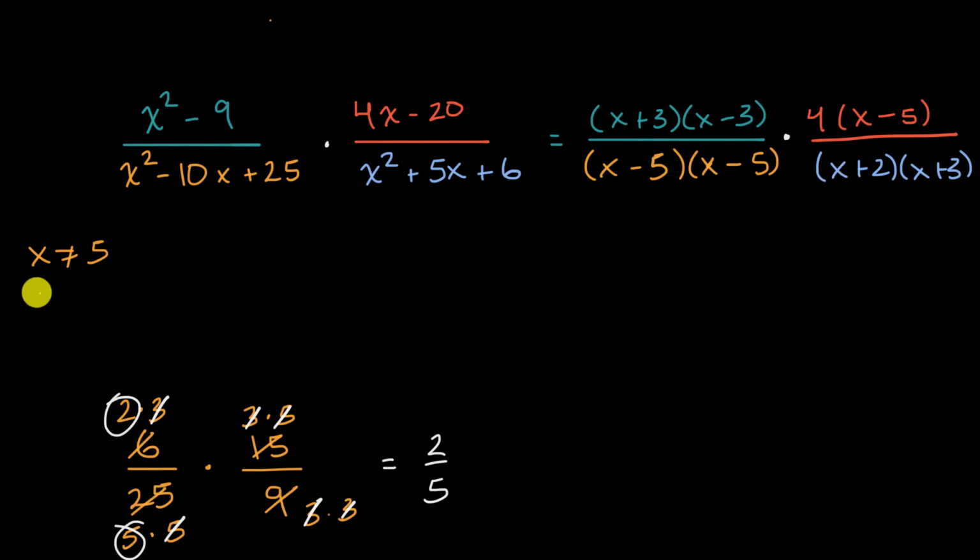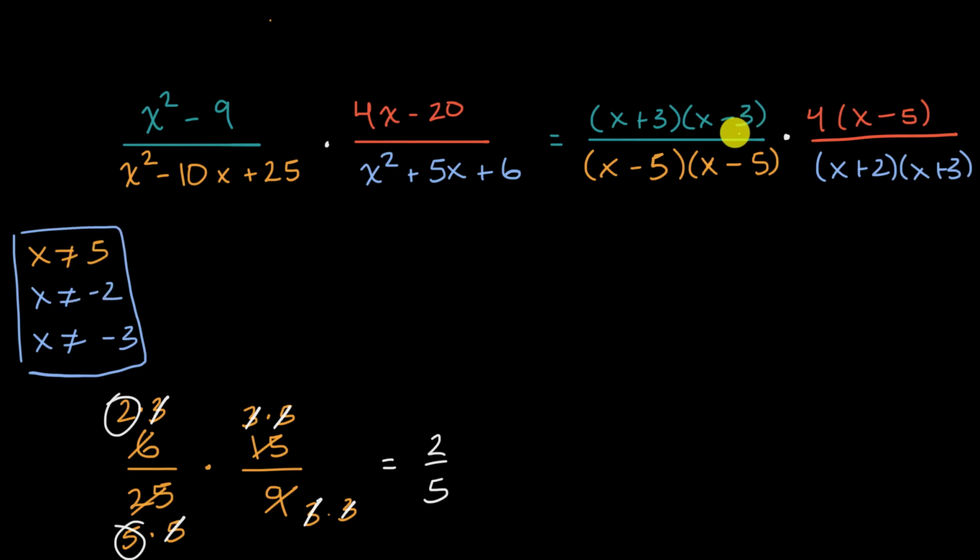X cannot be equal to negative 2, because that would make the denominator here 0. And x cannot be equal to negative 3. So the domain is constrained in this way, and we have to carry this throughout. No matter what we do to the expression, these are the constraints on our domain.